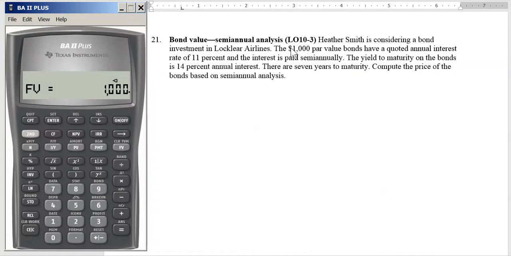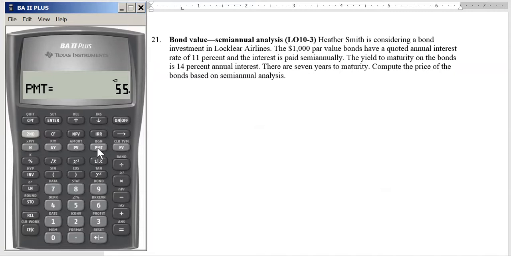The amount is 11% of the par value. So 11% of 1,000 is 110. So if we type in 110, but we have to divide by 2 because it's paid every 6 months in 6-month installments. So that's going to be the payment amount.